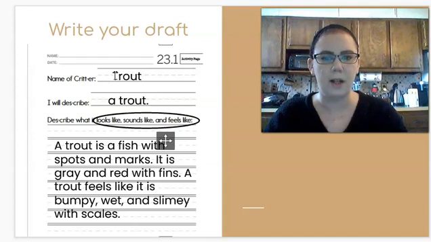So for my title, I'm going to put a capital T and then the rest of the letters will be lowercase. But then when I'm writing my sentences, I'm not going to write Trout with a capital unless it's at the beginning of a sentence. So write the name of your critter or your animal. The first letter will be capital in your title.